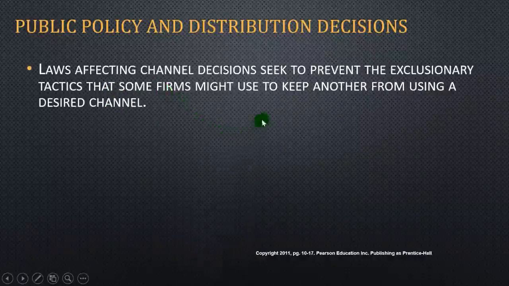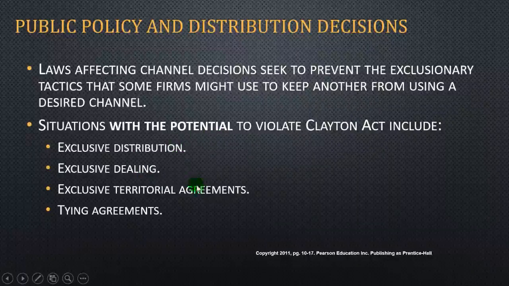Laws affecting channel decisions seek to prevent the exclusionary tactics that some firms might use to keep another from using a desired channel. Some situations that might violate the law are exclusive distribution, exclusive dealing, exclusive territorial agreements, and tying agreements.